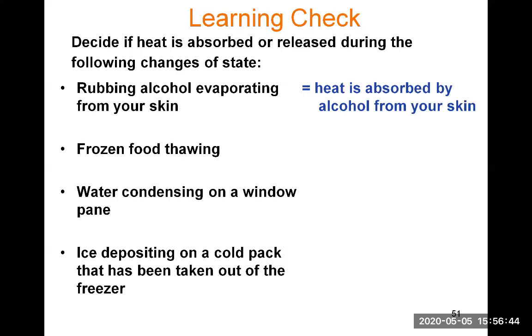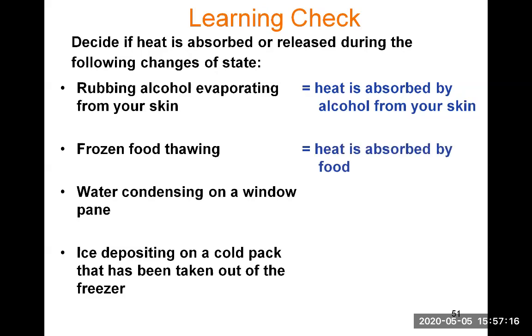So what happens when frozen food is thawing? Let's say you have frozen food in your freezer, you take it out to thaw it. Outside the freezer, the temperature is higher, right? The room temperature is warmer than the temperature in the freezer. So the food can absorb that heat, and that will allow it to thaw.